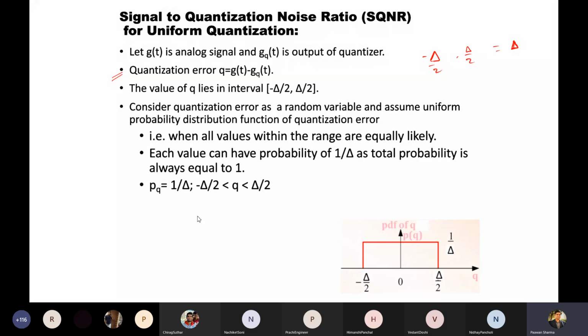Because, if you remember, the area under the curve should be unity. So delta is this total range, and this level of probability is 1 by delta. Since it is a uniform distribution, delta into 1 by delta becomes unity. Okay, that's why this is there. So I hope it is okay.